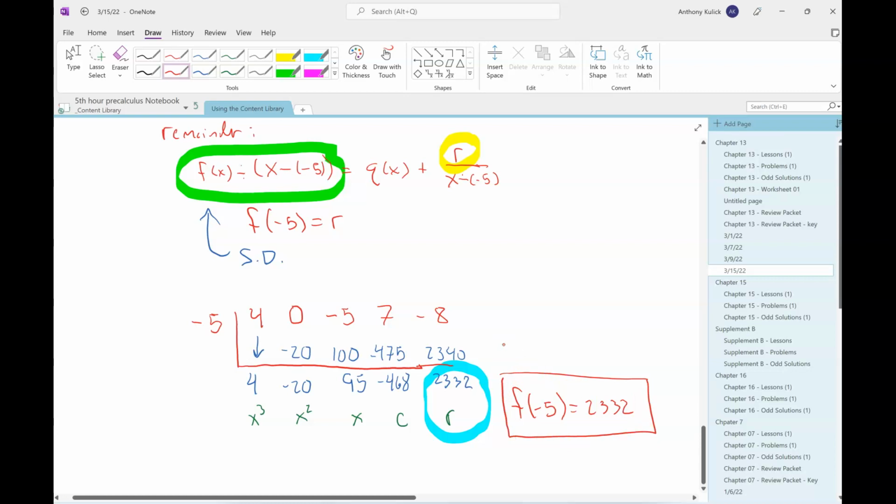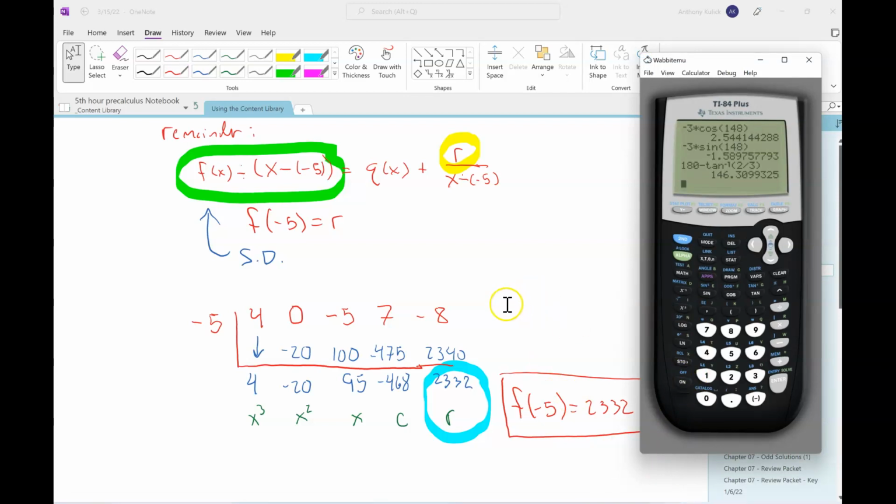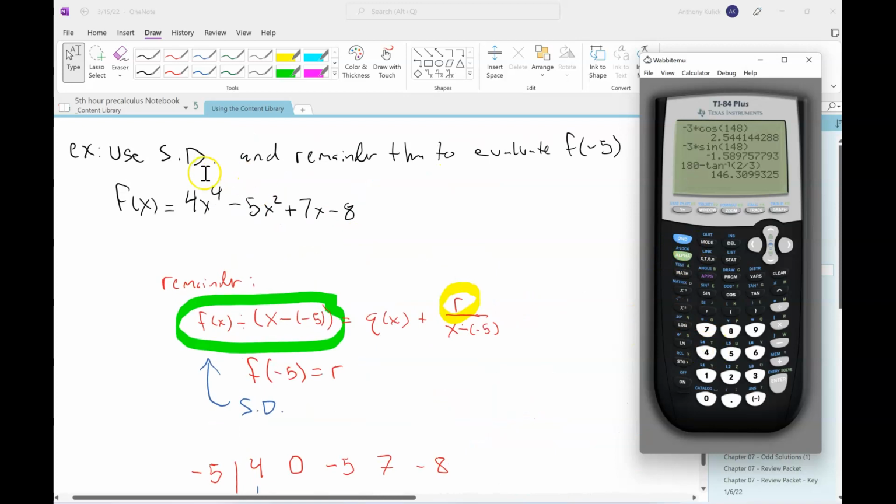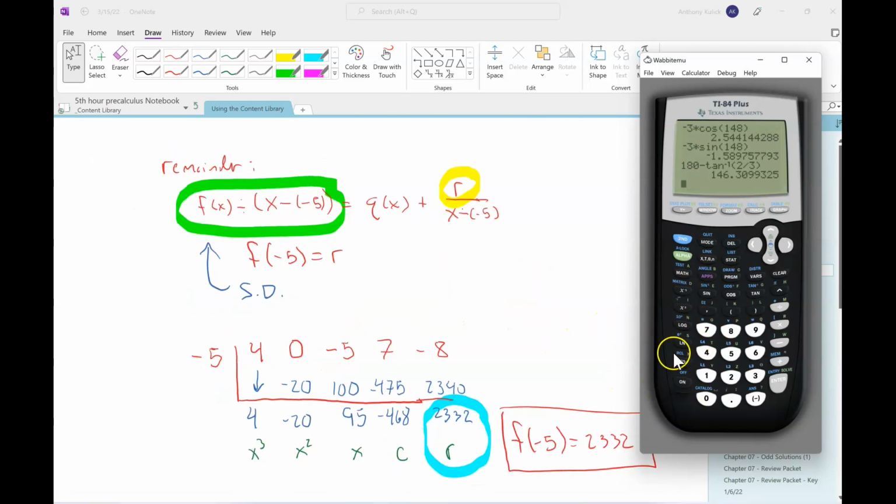So the remainder theorem would say that f of -5 has to equal 2,332. As an aside, we could check this on our calculator. If I go back to my polynomial and plug -5 in for the x's, I should get that same number. Let's do that real quick.